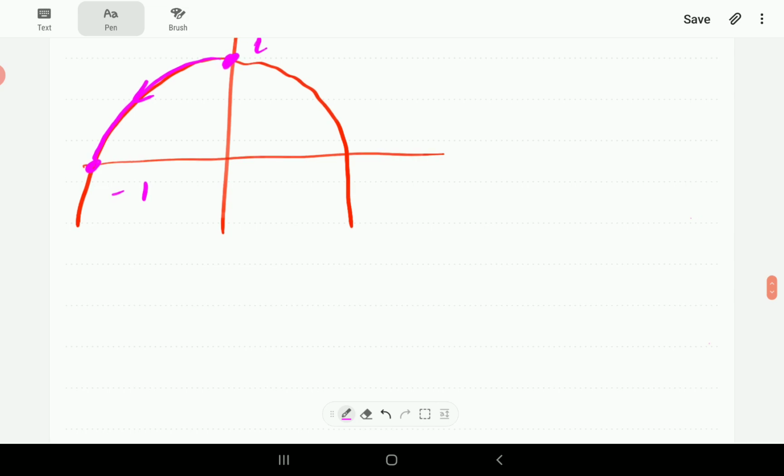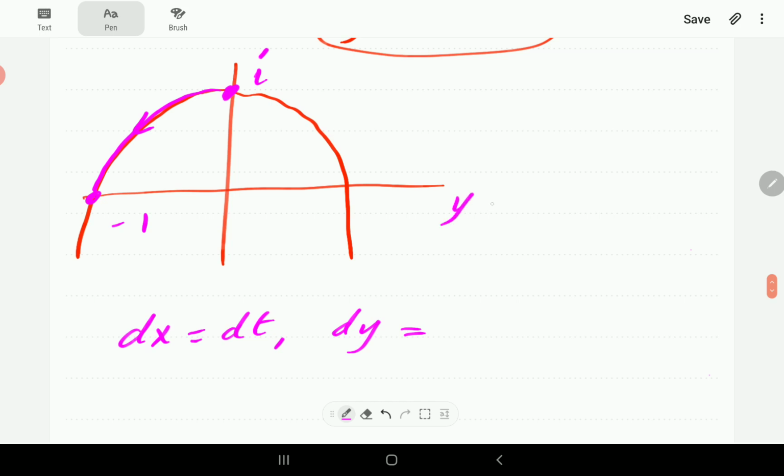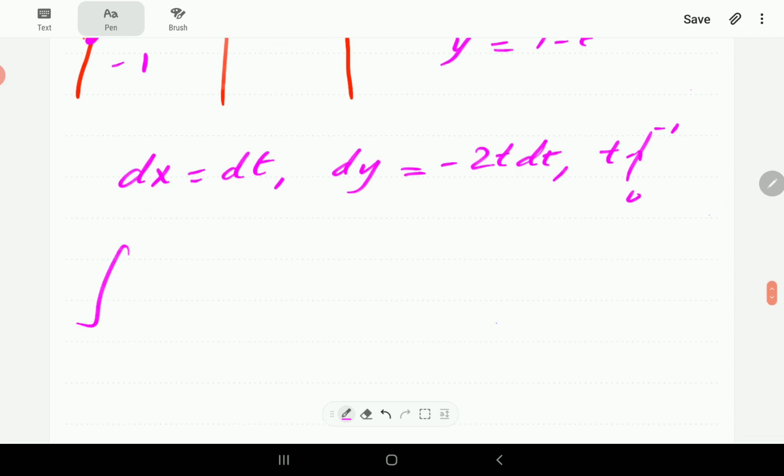Okay, so this time dx is going to be dt, because x is t. dy is going to be, remember, y is 1 minus t squared, so it's going to be -2t dt. We've already said t varies from 0 to -1. So the integral from i to -1 of 2x minus 2iy dz is dx plus i dy.